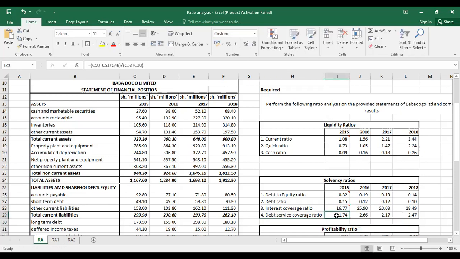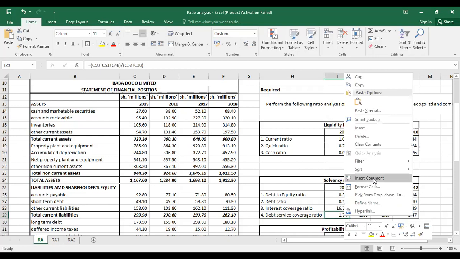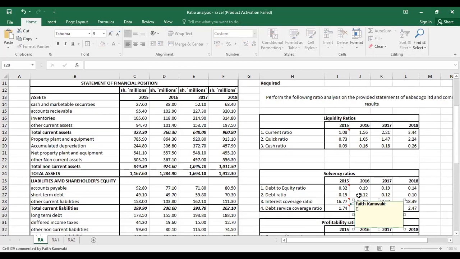And then this one, the one that is confusing a lot. It will be earnings before interest, tax, depreciation and amortization divided by debt service, isn't it?